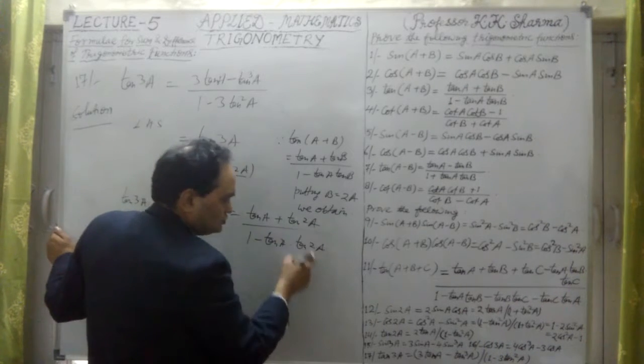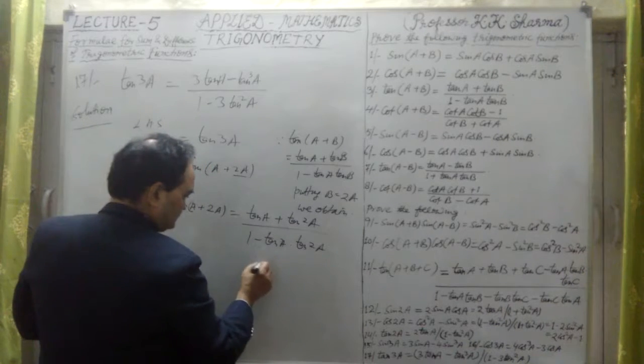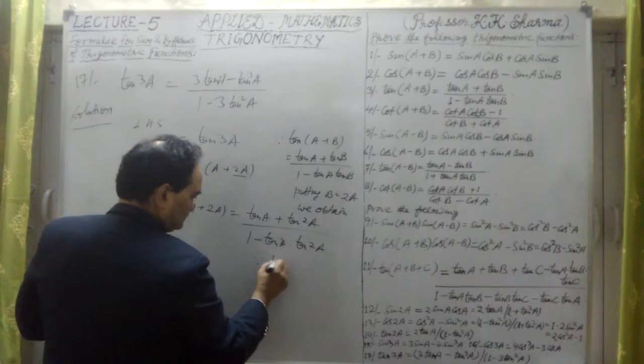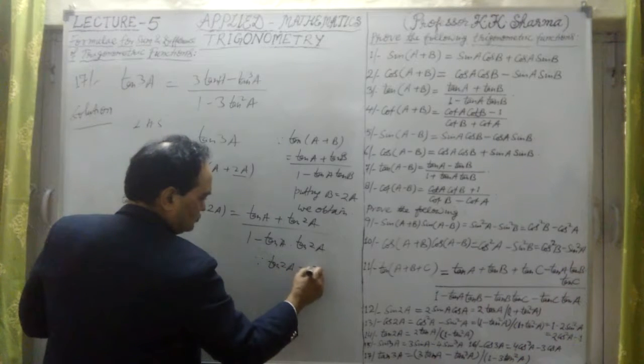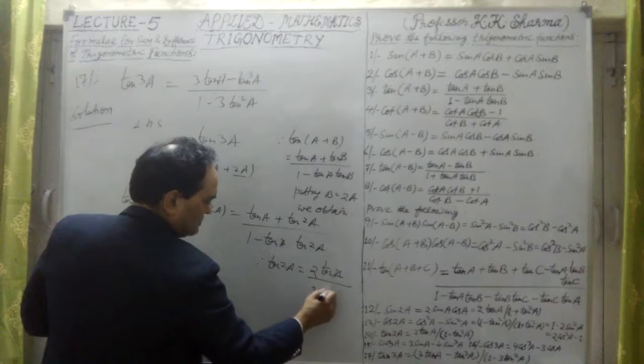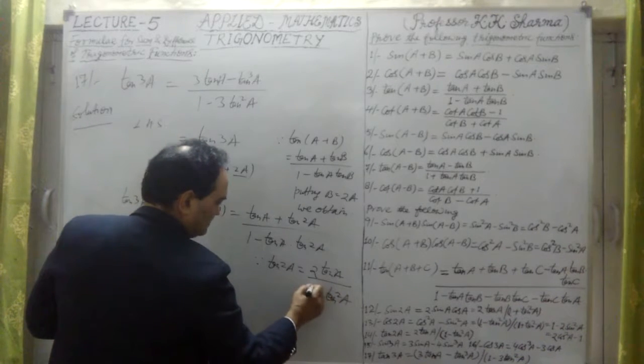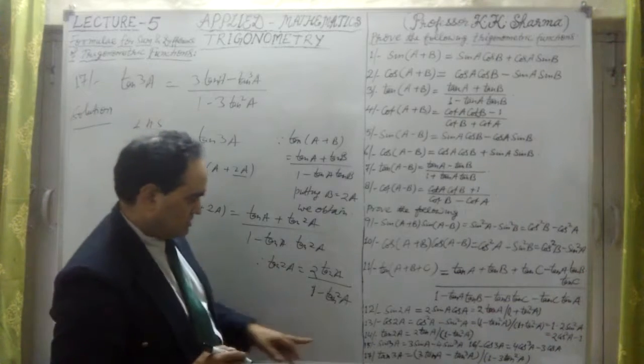Tan 2a value is to be substituted further. Since tan 2a is equal to 2 tan a upon 1 minus tan square a, this we have just put in for tan 2a.